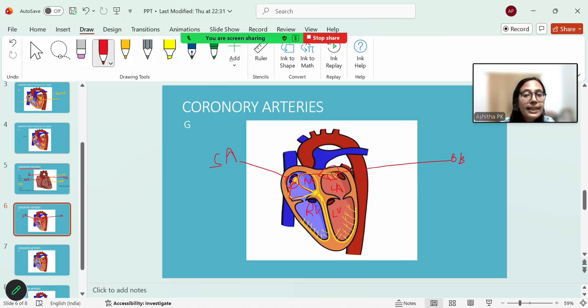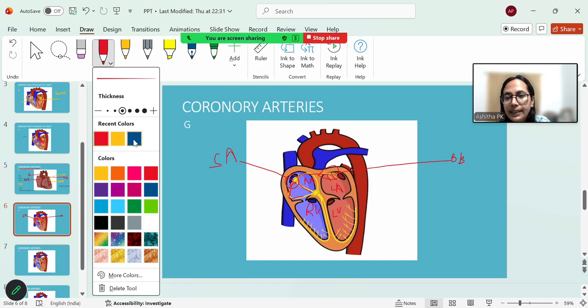This impulse generated by the SA node stimulates the myocytes, meaning muscle cells, of the right and left atrium, and it leads to contraction of those chambers, the right and left atrium.